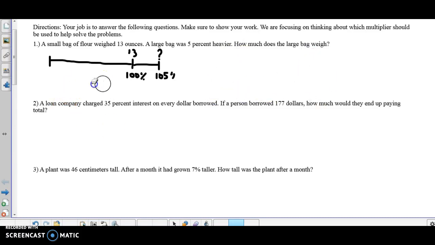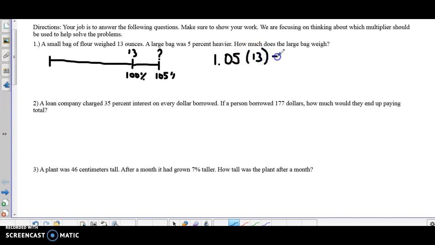The other way of doing this, which would be the 1-step way, would be to think of the fact that the larger bag is going to be 100% of the small bag plus 5%, which is going to be 105%. So I'm going to take 105%, notice I'm switching it to a decimal, times 13.